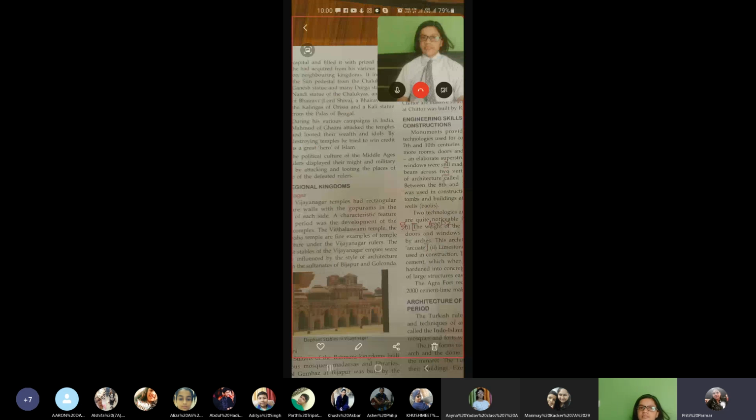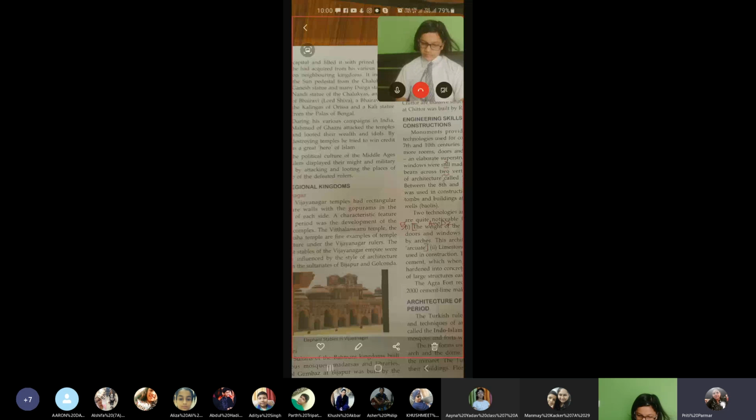It included the sun pedestal from the Chalukyas, underline sun pedestal, Chalukyas, a Ganesha statue, underline Ganesha statue, and many Durga statues, a Nandi statue of the Chalukyas. So all these were taken away by the Chola kings.